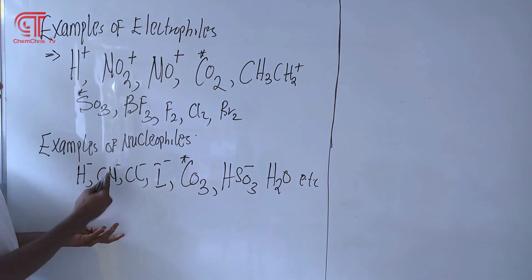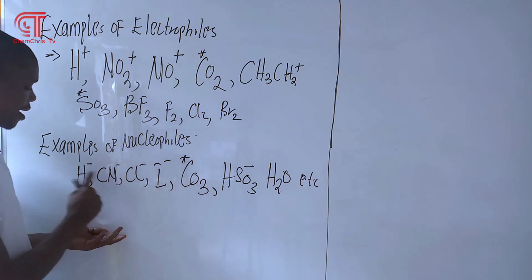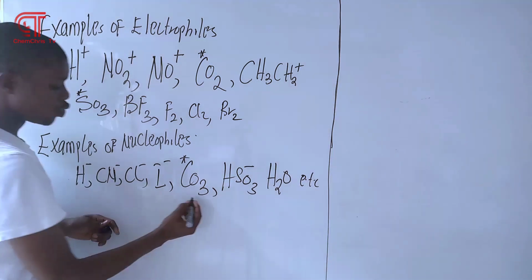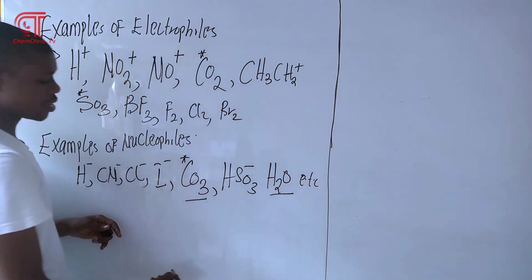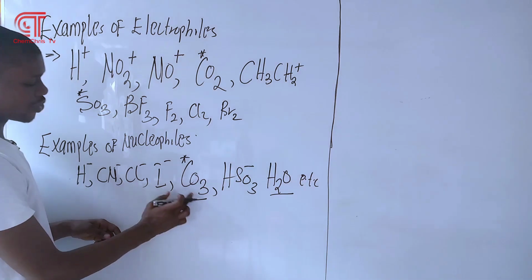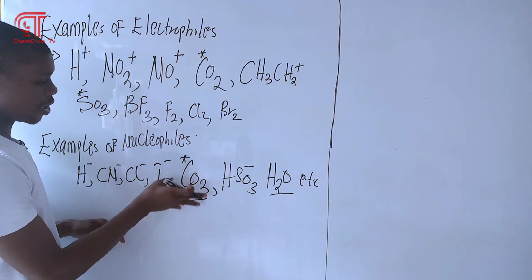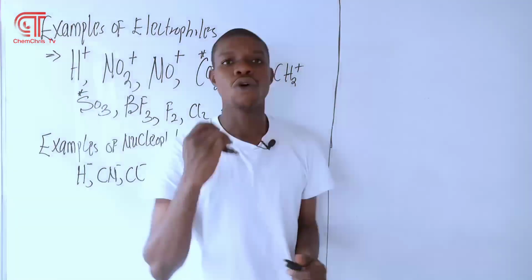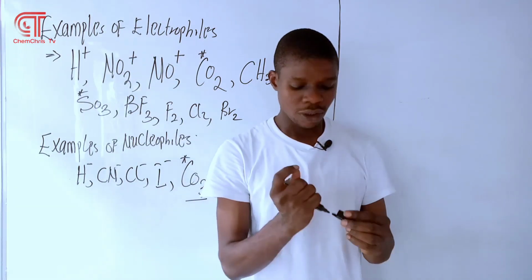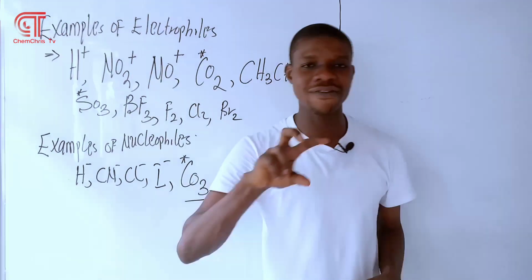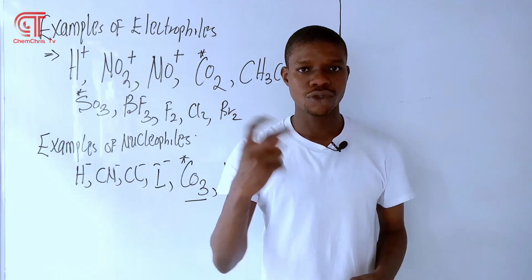These have the negative sign. Usually, the way you can easily know a nucleophile is through the negative sign. Now, these are neutral. Water is a nucleophile. NH3 is a nucleophile. The other thing you want to understand is that all unsaturated compounds are nucleophiles, because they have the pair of electrons to give out.